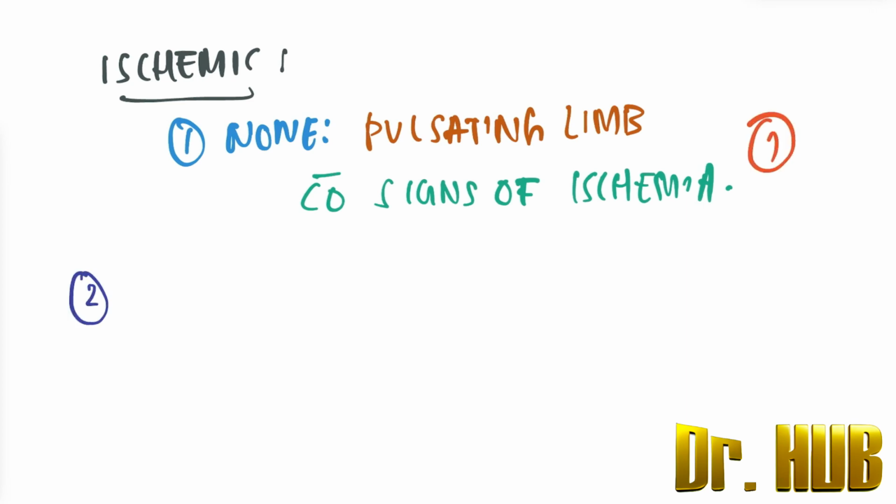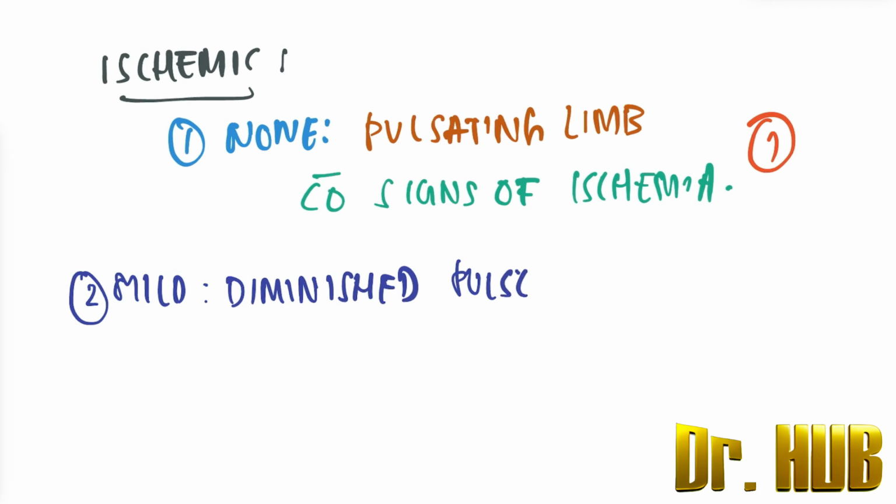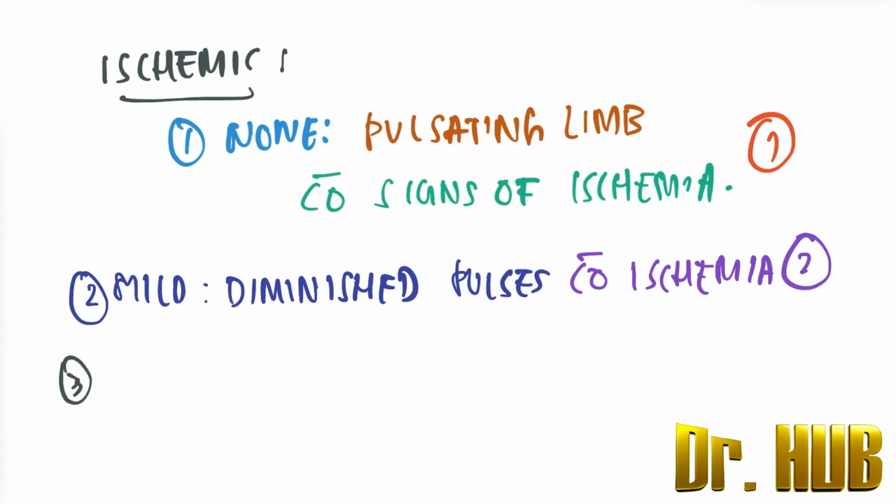Then comes mild. Mild is diminished pulses without signs of ischemia. So this is a score of 2. Then we move on to moderate.